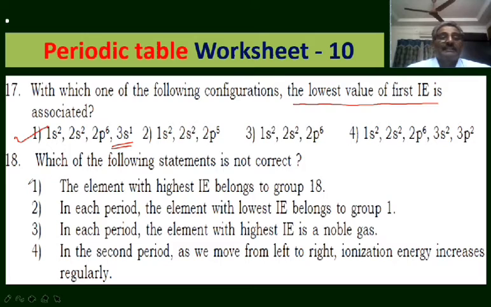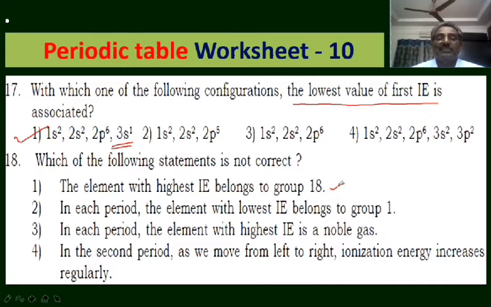Okay. Next. Which of the following statements is not correct? First option: the element with highest ionization energy belongs to group 18. This is right. Group 18 elements are the inert gases. The inert gases have high stability.